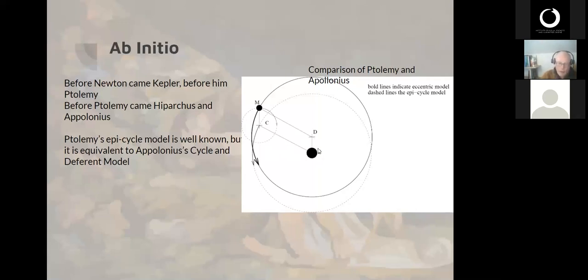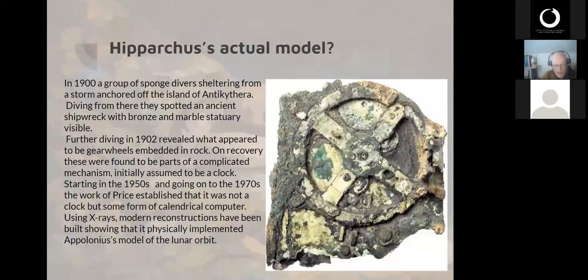The Apollonius model has the Earth moving around a point D and the moon moving in orbit around D. Both give the same relative predictions of angles. Turns out one is easier to model than the other. So I think I showed you this in the last lecture, just to show that even back in the 3rd century BC, astronomers were constructing physical models.